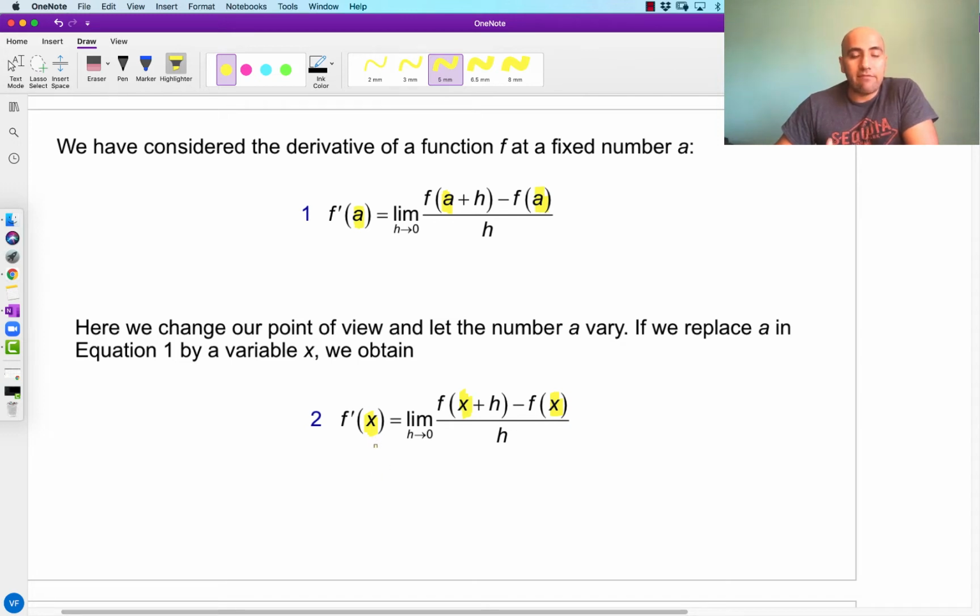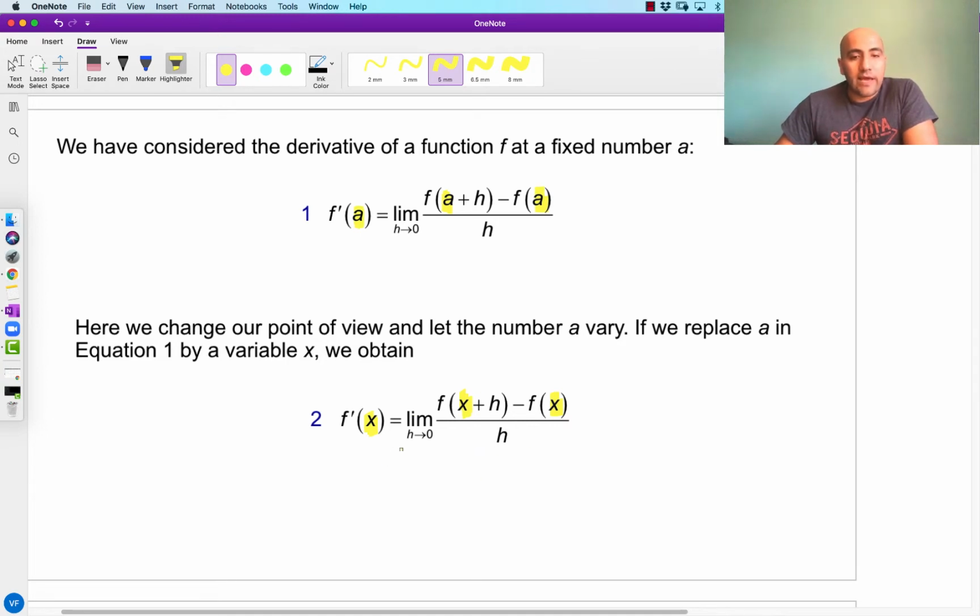x is a variable in the domain of our function, and this is the derivative of that function, meaning that once a value is chosen for x, we can apply this limit, and if the limit exists, then that will be the slope of the line tangent to the point x comma f of x. Okay, that's all this is.